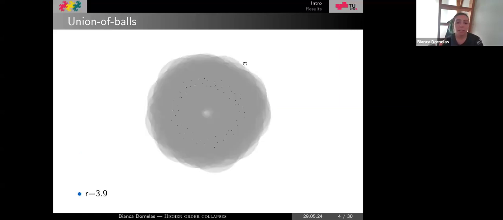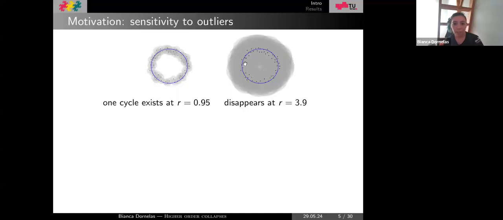And then eventually, the balls will grow enough so that there is no more changes. And then one can see, okay, so there was one cycle that lasted for 75% of the time where there were changes. So probably this data is representing one cycle.